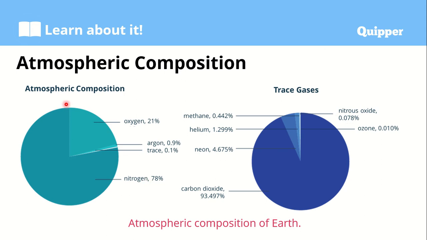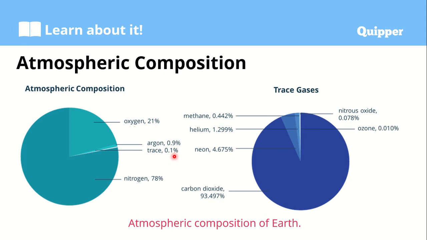So if we compare oxygen and nitrogen gases, the most abundant gas in the atmosphere is of course nitrogen, which comprises at least 78%, followed by oxygen, which has 21%, then the argon, which has 0.9%, and trace gases, which have 0.1%.